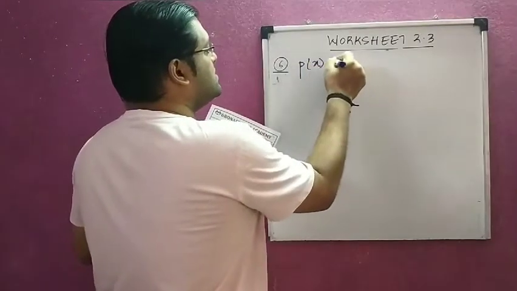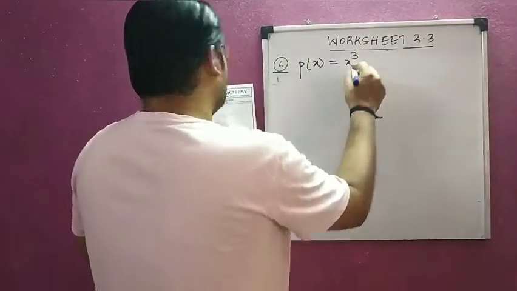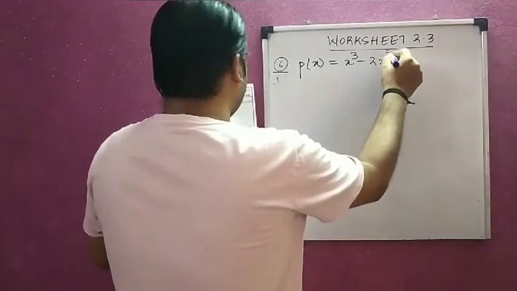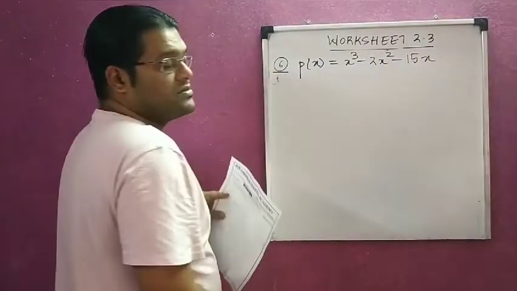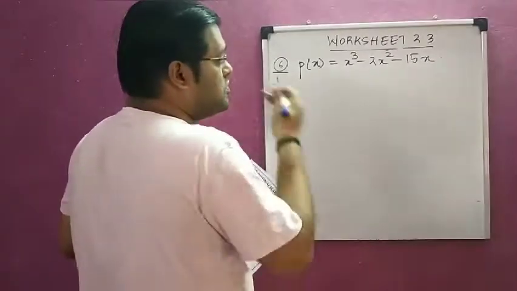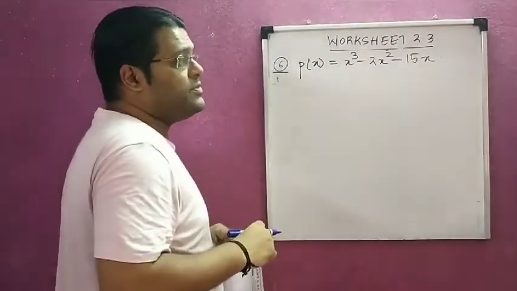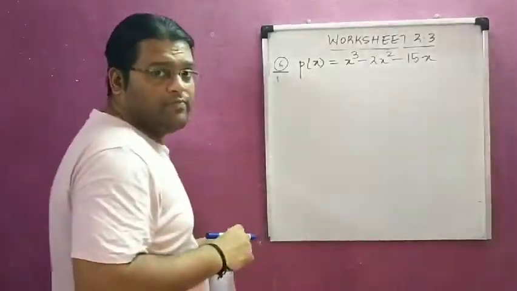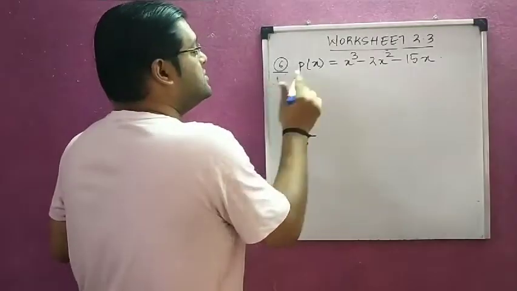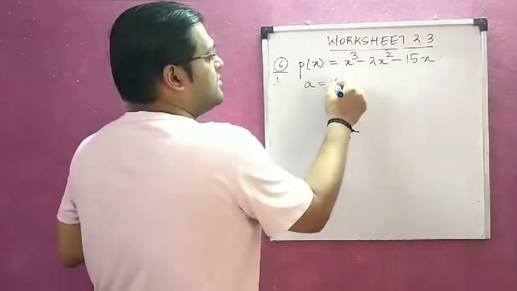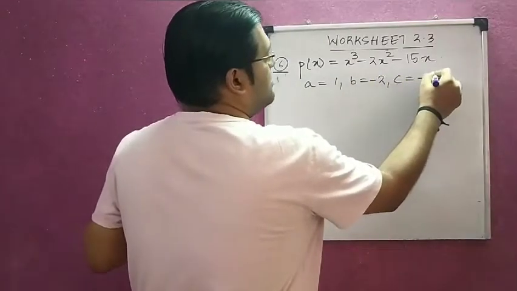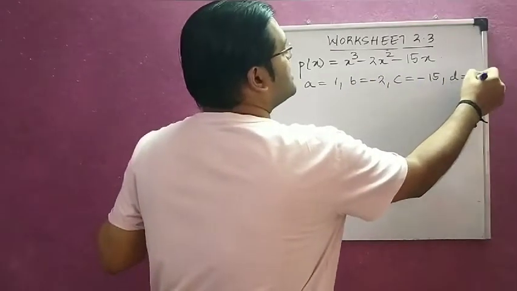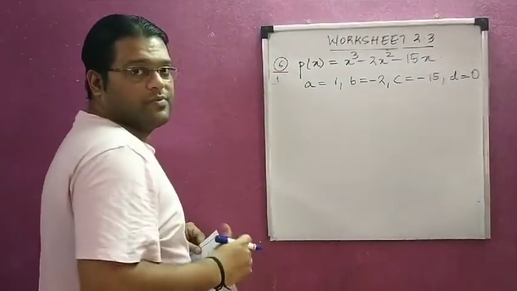Polynomial is px is equal to x cube minus 2x square minus 15x. Right? So this time the polynomial which is given is a cubic polynomial, right? So first we decide what is a. So 1, b minus 2, c minus 15, and constant term d is equal to 0.